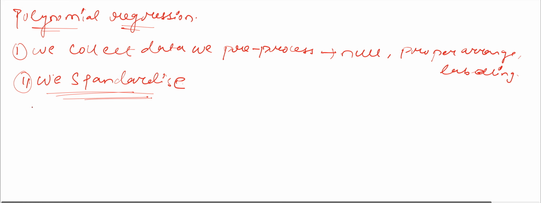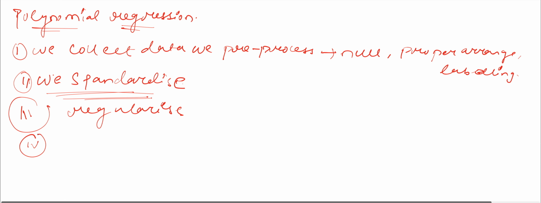After standardizing our data, we regularize the data.